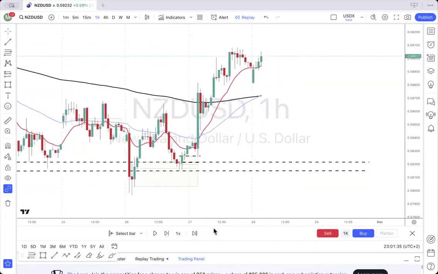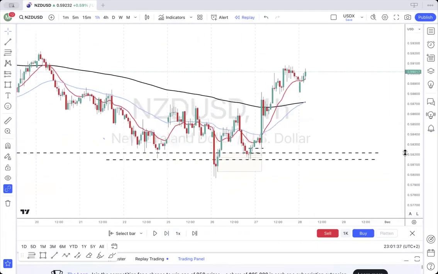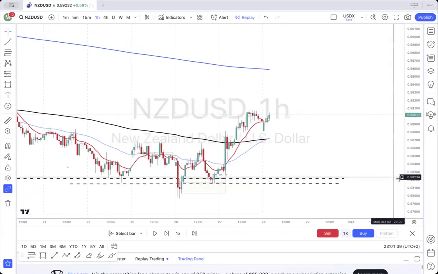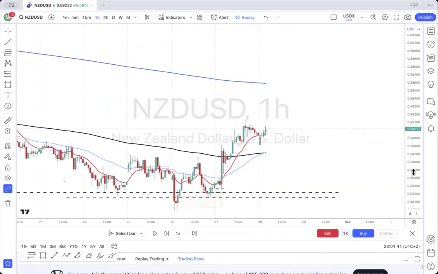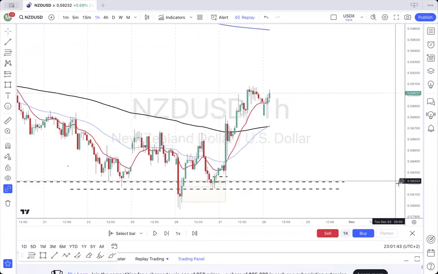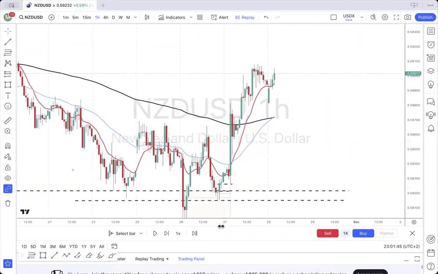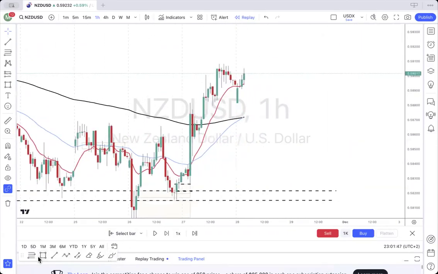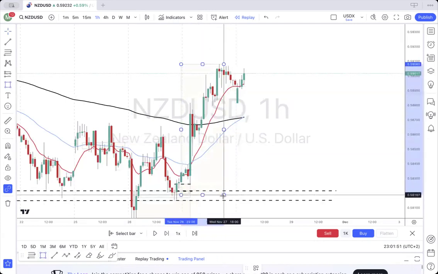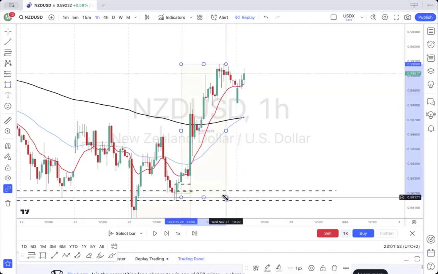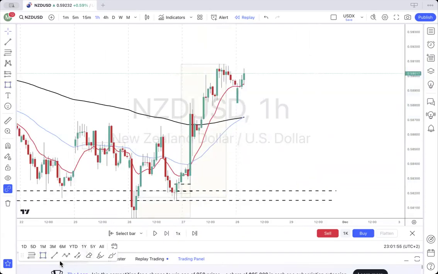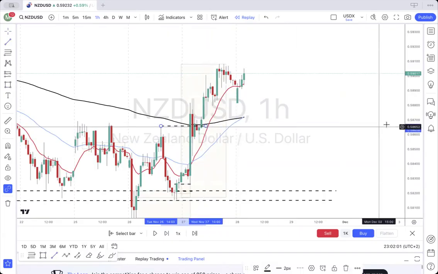If you look at NZD USD, that's what we call a level one move. Break the structure here and move level one.